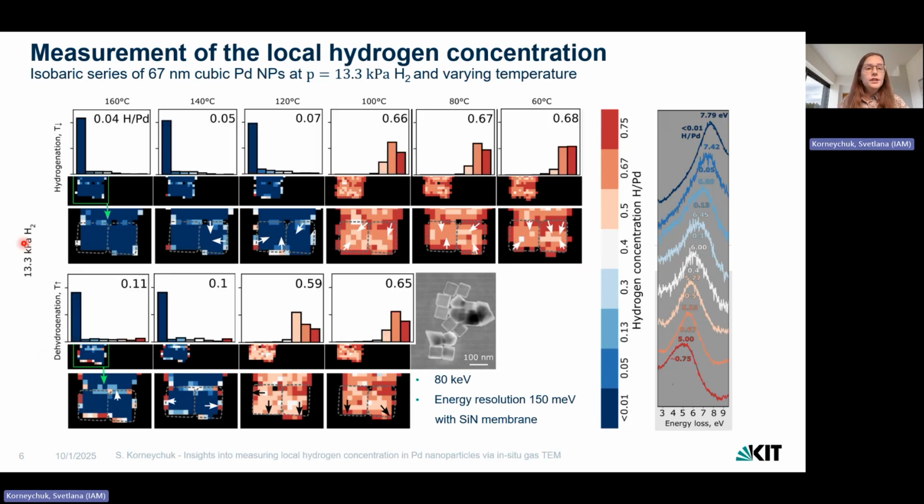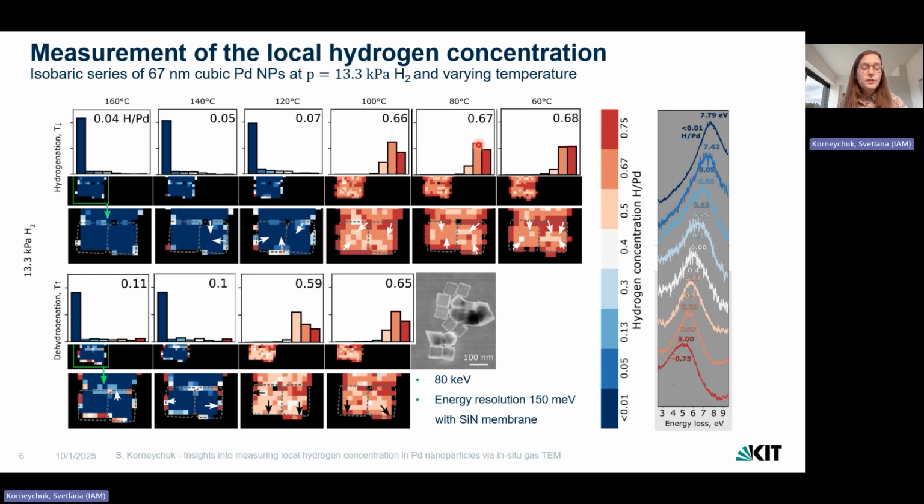If we look at the average concentration of hydrogen within this agglomeration of palladium nanoparticles, it actually corresponds to the bulk concentration for the solid solution phase at high temperatures, and for the hydride phase. However, the distribution of hydrogen, you see the bars change, and each bar corresponds to a certain concentration.